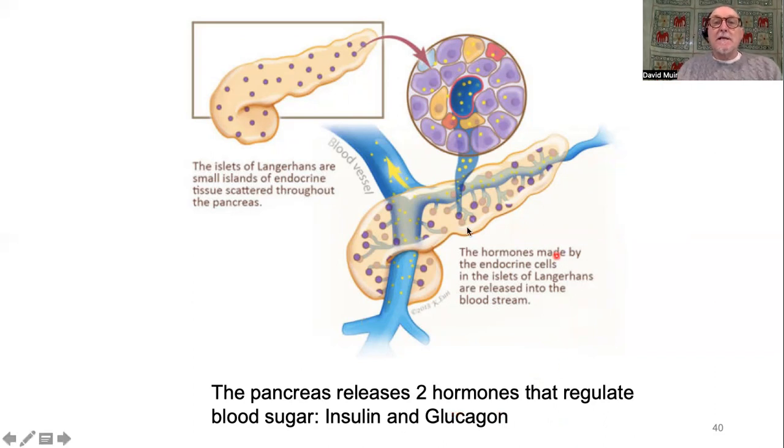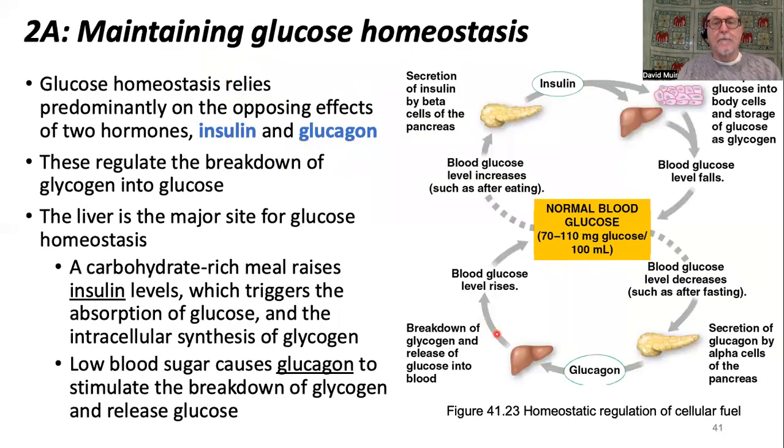So these, insulin and glucagon, are produced in little collections of cells called the islets of Langerhans in the pancreas. And there are two kinds of cells, the alpha cells, which produce glucagon, and beta cells, which produce the insulin. So that is exactly how the pancreas regulates. The blood glucose is monitored by the pancreas itself.